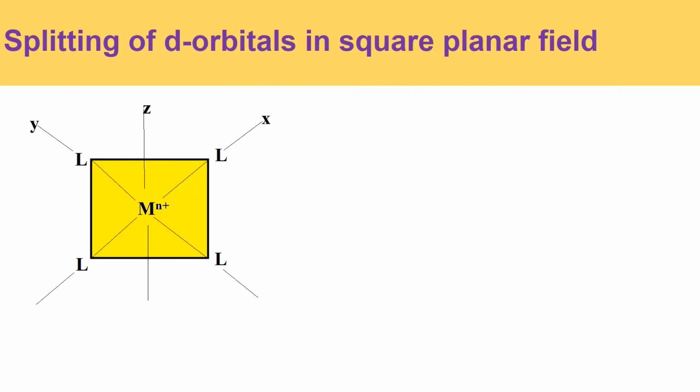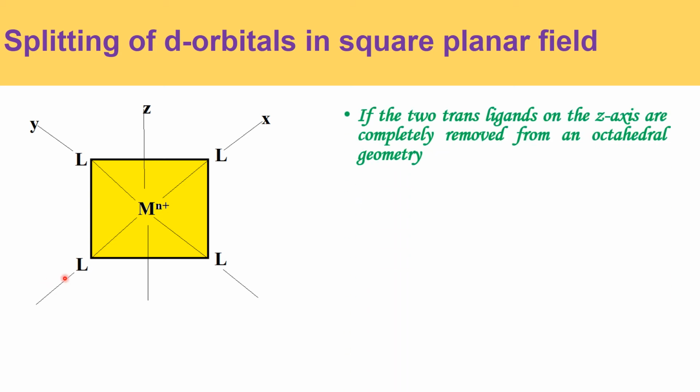The d orbitals in a square planar field. If the two trans ligands on the octahedral geometry, that is along the z-axis, are completely removed, it forms a square planar geometry.